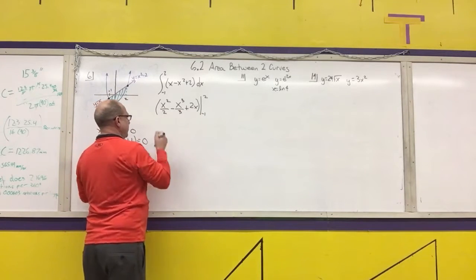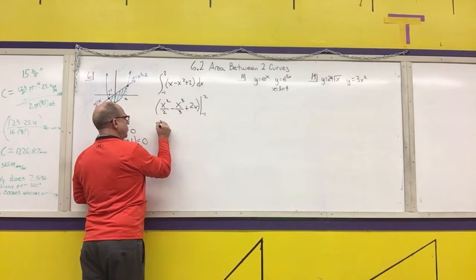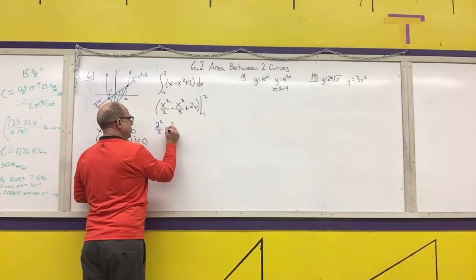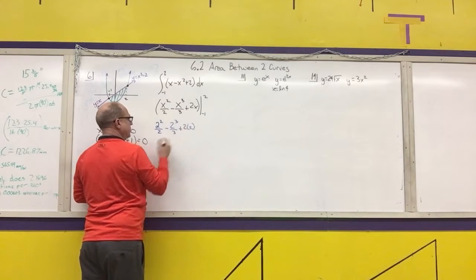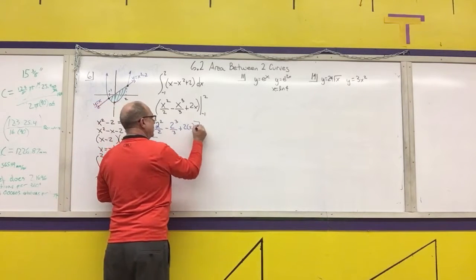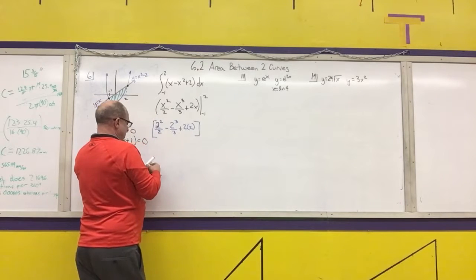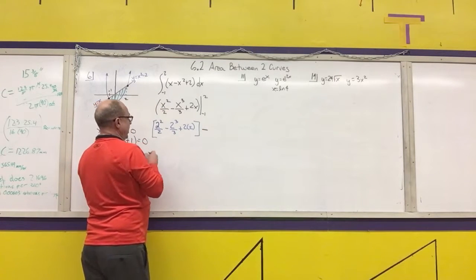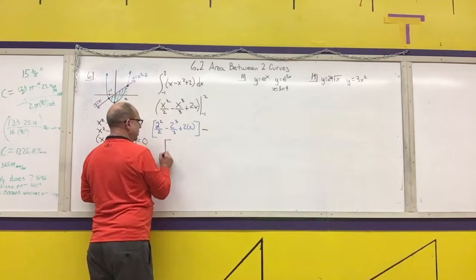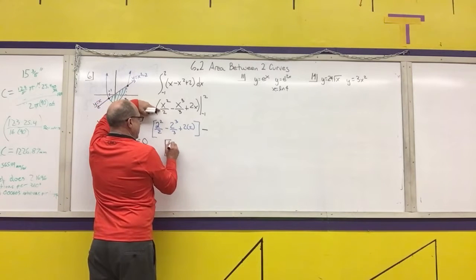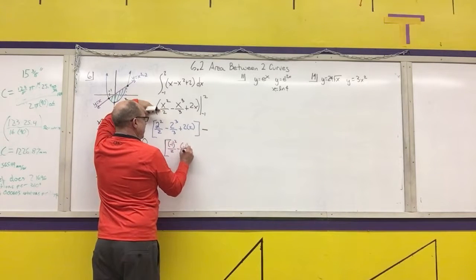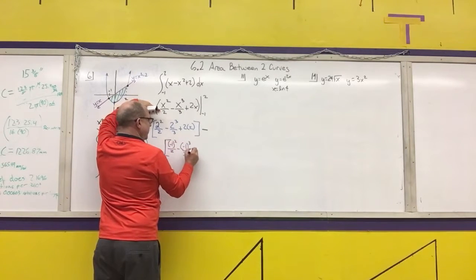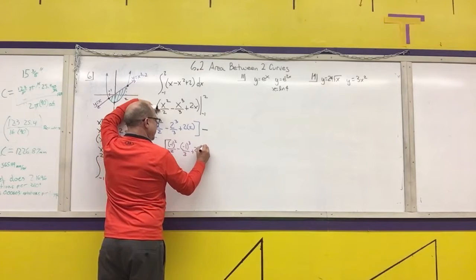Put a 2 into the function: 2 squared over 2 minus 2 cubed over 3 plus 2 times 2. Subtract when I put a -1 into the function: (-1) squared over 2 minus (-1) cubed over 3 plus 2 times -1.